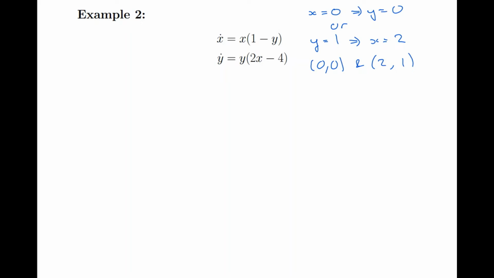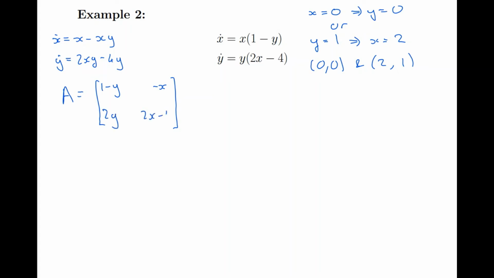Now I want to get the Jacobian derivative matrix, so I'll expand out those right-hand sides. That's x dot equals x minus xy. y dot is 2xy minus 4y. So the Jacobian derivative is: df/dx is 1 minus y, df/dy is minus x, dg/dx is 2y, dg/dy is 2x minus 4.